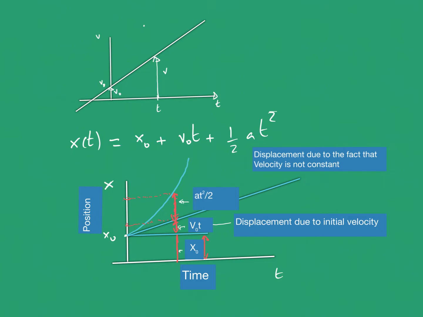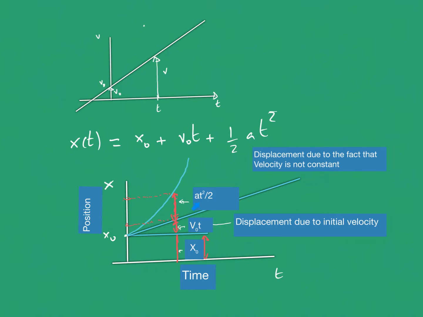But because the velocity is changing, he is performing more displacement than in the case of constant velocity. So this term, 1/2 AT squared, is the additional term that appears because the velocity is changing all the time, and it's changing at a constant rate.